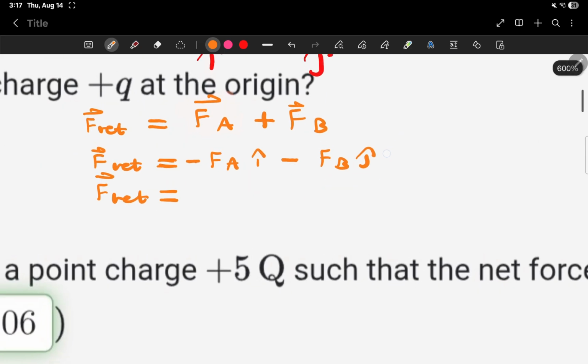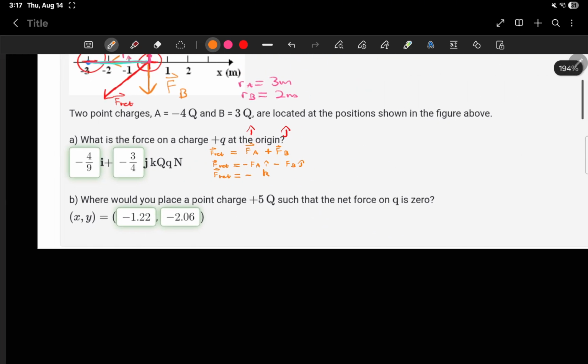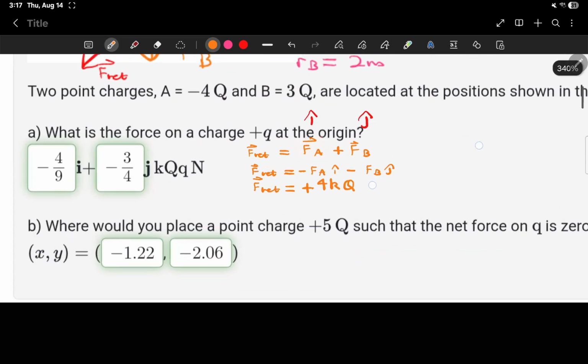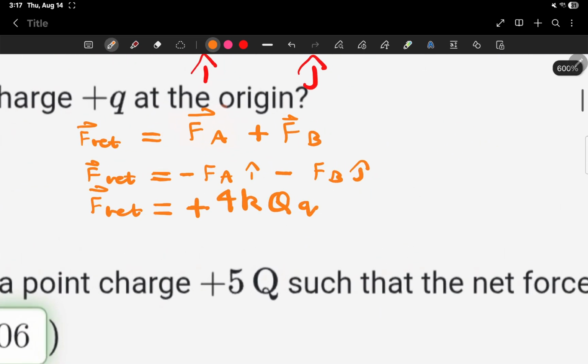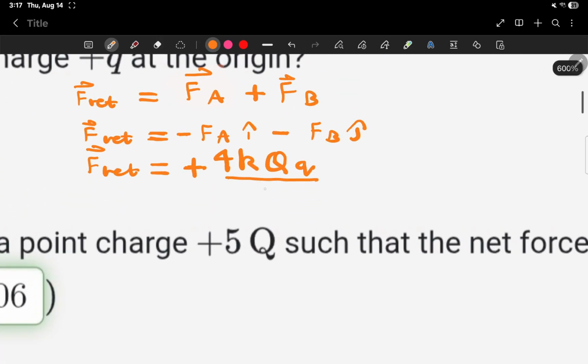Now what I'll do is write out the equations. So we have k, and charge A was -4Q, so I'll make this a positive sign, and I'll move the 4 here, and it's capital Q and positive small q over R_A, which was 3 meters.